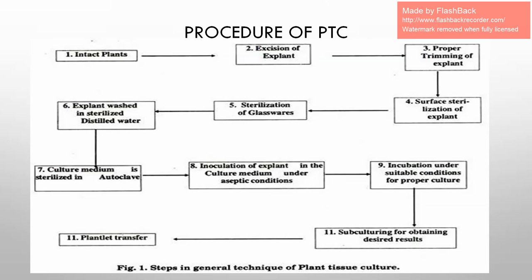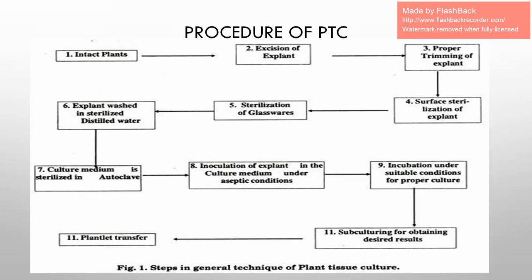Let us see the flow chart of the procedure of plant tissue culture in brief. So for beginning the plant tissue culture procedure, we require one healthy mother plant. So intact plants are required first, and the small excision of the plant or small portion of the plant which we use to inoculate is called the explant.